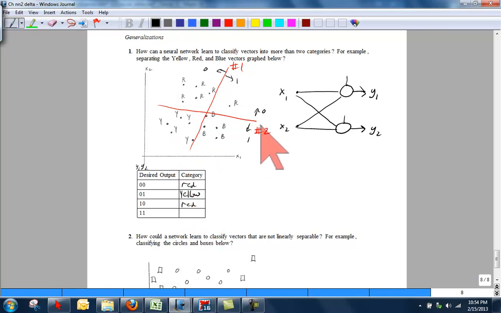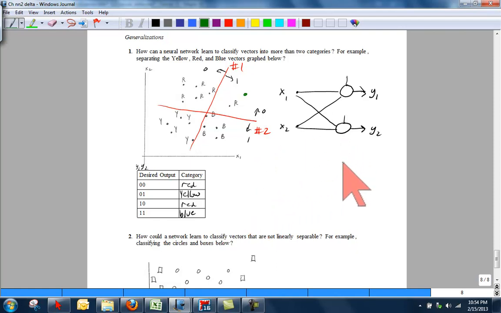If number 2 is outputting a 1 and number 1 is also outputting a 1, then I'm in blue land. So I'll train the network, and then when I want to use it, I put in my 2 inputs, which are the coordinates of a new point. So along comes somebody new, and if he happens to land out in here, the network is going to pick up that he is in red land, even though he doesn't look like it.